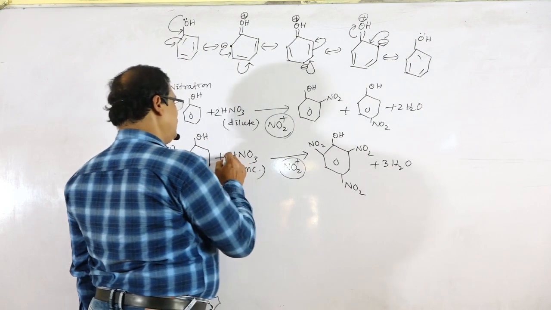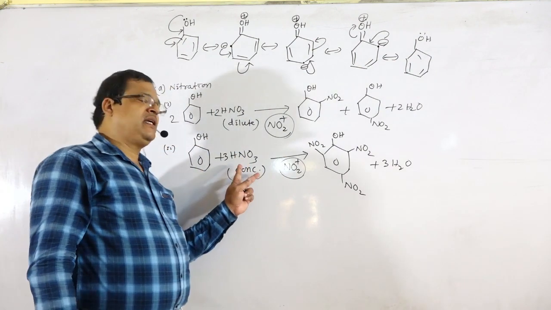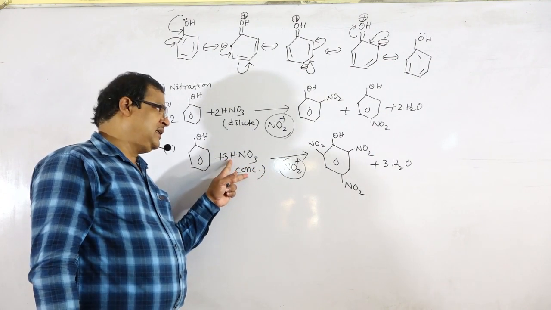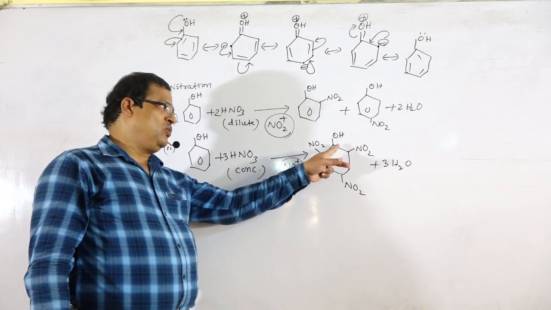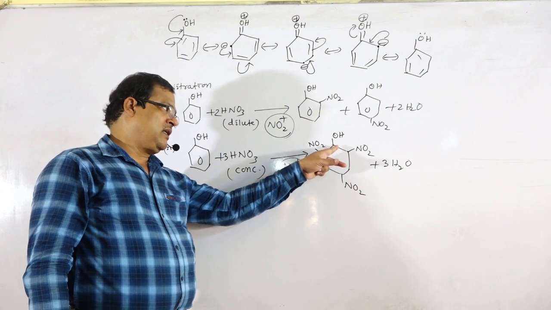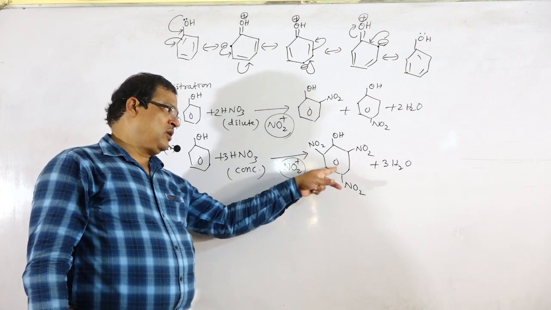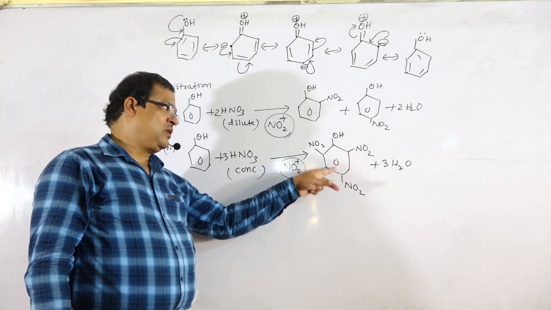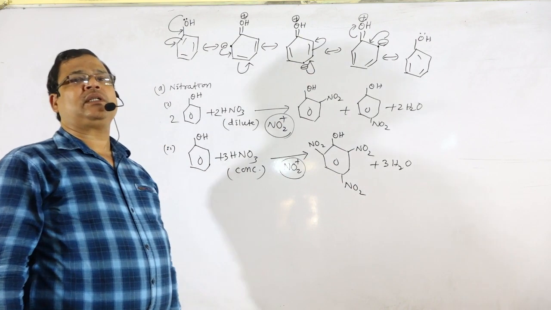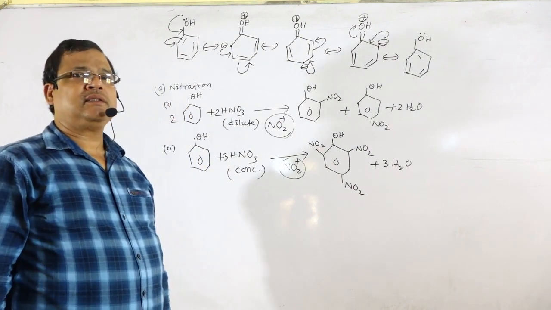So whenever phenol is treated with concentrated nitric acid, there is the formation of 2,4,6-trinitrophenol, otherwise known as picric acid.